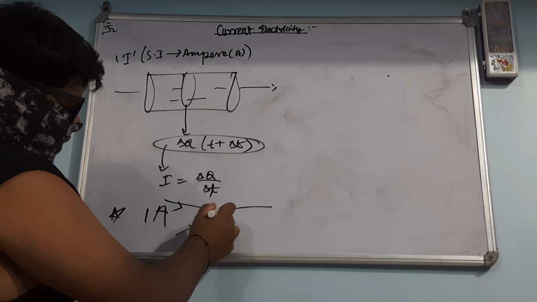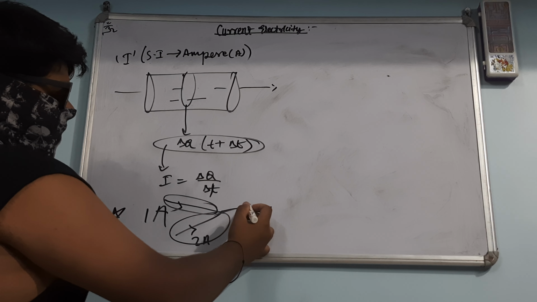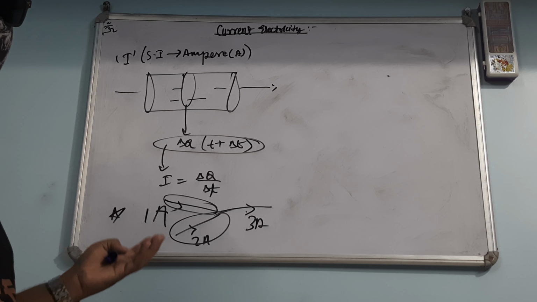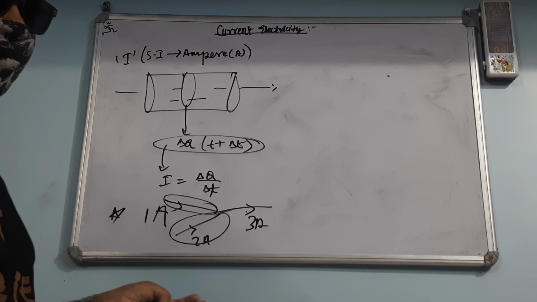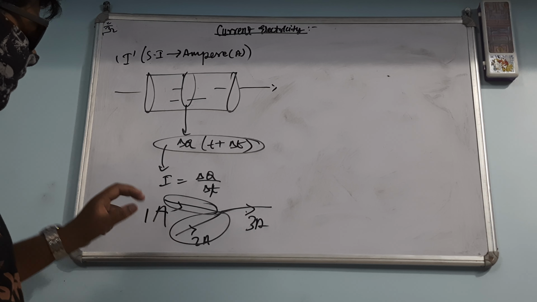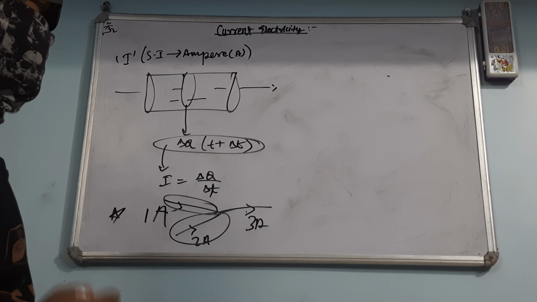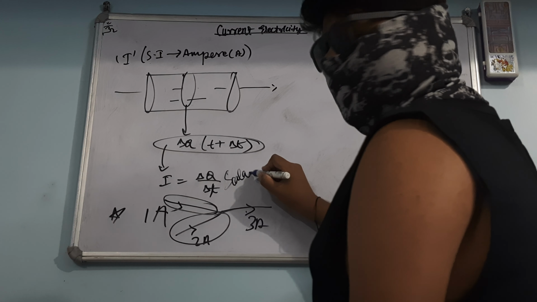It doesn't matter what the positioning of these two wire ends is, here we will get 3 ampere only. Hence electric current follows simple laws of algebra. It is basically the sum, 2 plus 1, 3 ampere. So hence electric current is a scalar quantity.